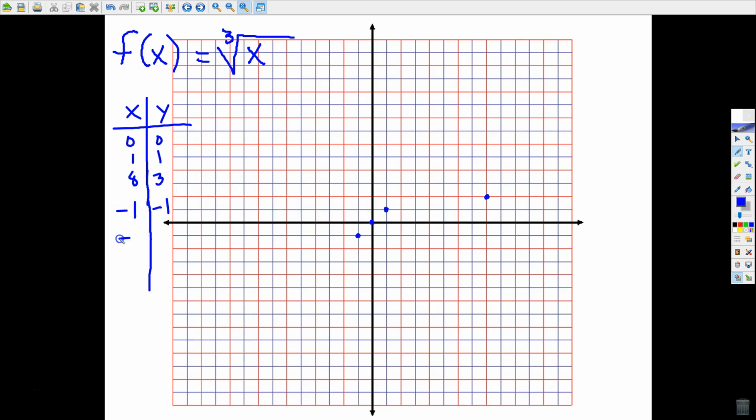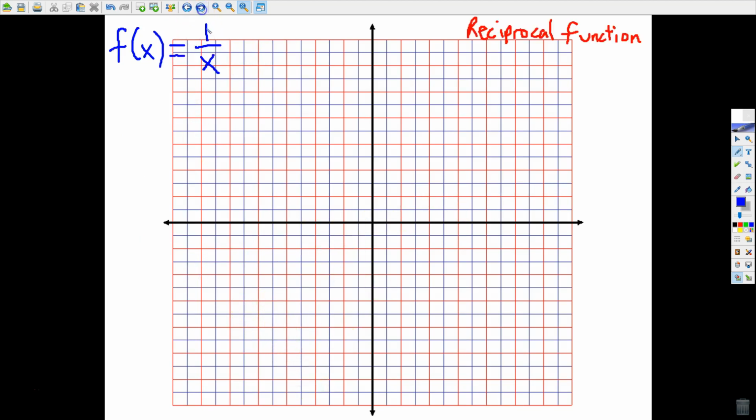The cube root of negative 8 is negative 2. So this one is a little different than what we saw with the square root function. It actually does go in both directions. So it does this kind of shape. Okay, and so that's the parent cube root of x.